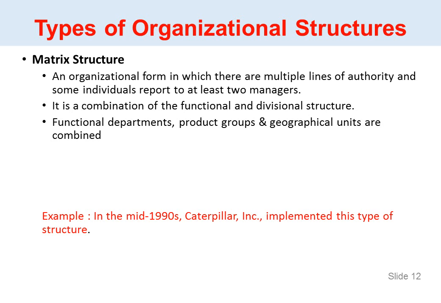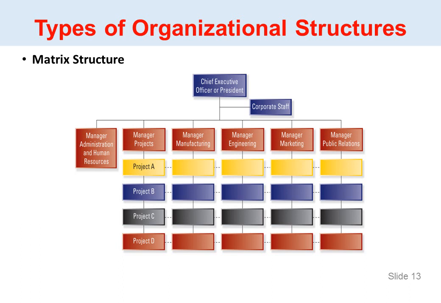Let's see the graph. Here is the graph. We have many projects under each of the project managers, such as the manager of manufacturing. At each project, we have people under the managers of manufacturing, engineering, marketing, and public relations, all of them for different projects.